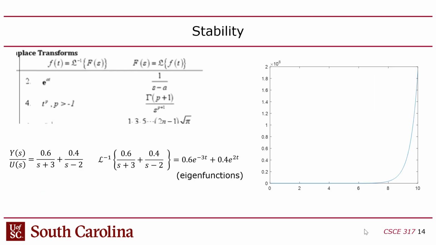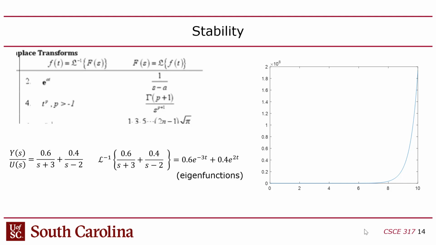And so you end up with, this one was 3/5, which is 0.6, and 2/5 is 0.4, right? So if you do the inverse Laplace on there, you go back to this table, and if you look at the table, 1 over s minus a, the inverse Laplace of that is e raised to the at.